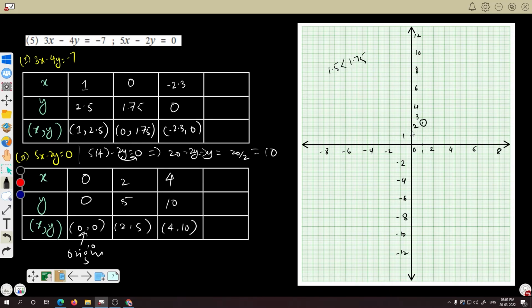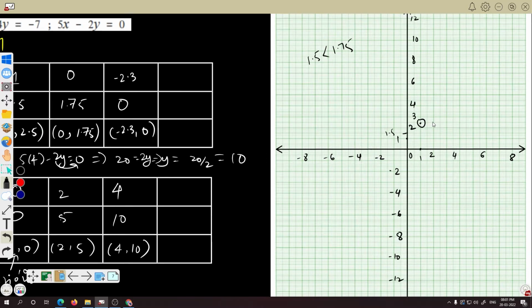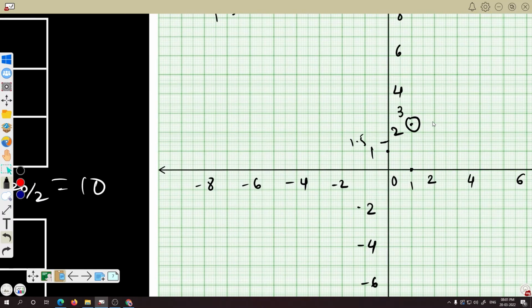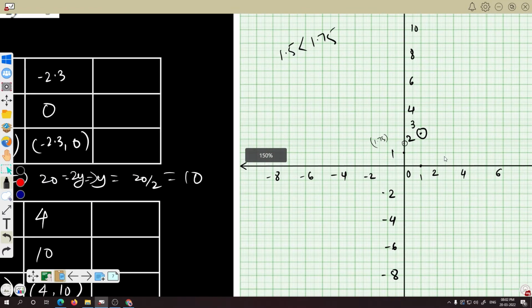So this point is 1.5. I'll just zoom in. If you look, this is 1.5, and if you move 2 points exactly at this position, this will give you 1.75. I hope this is clear to you.